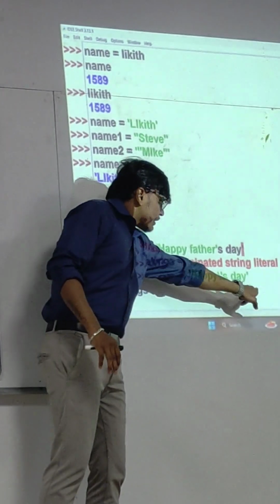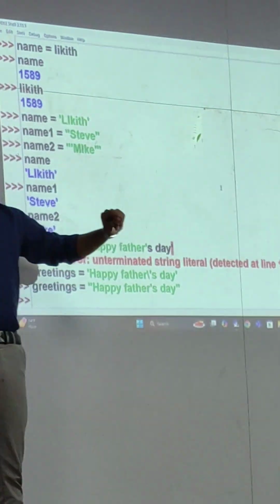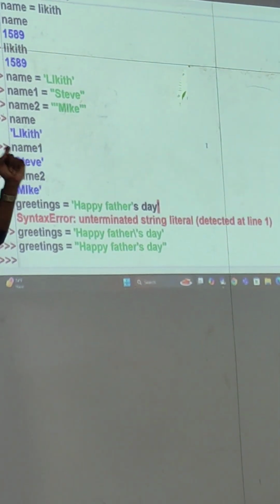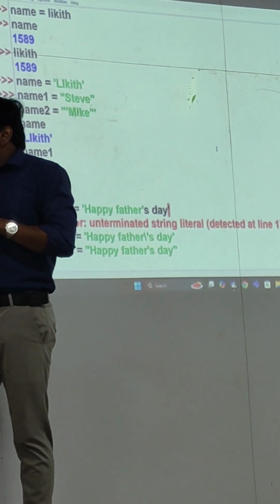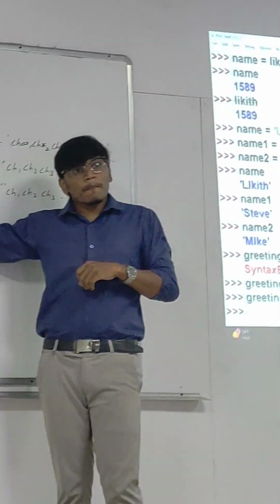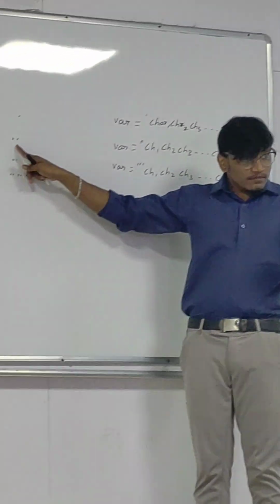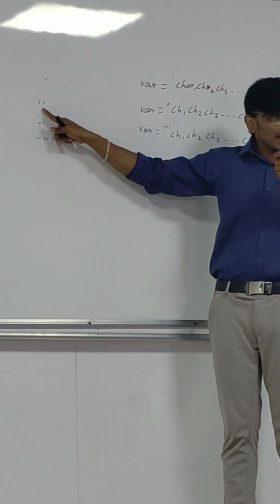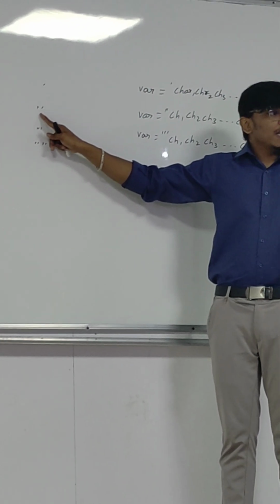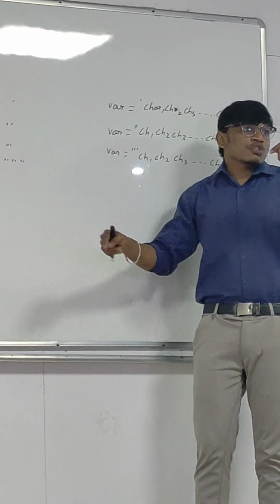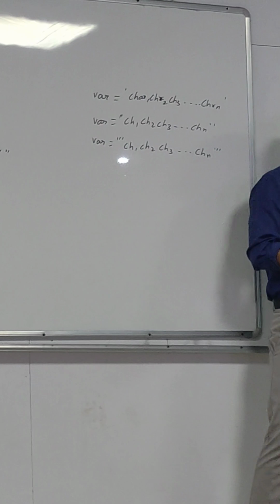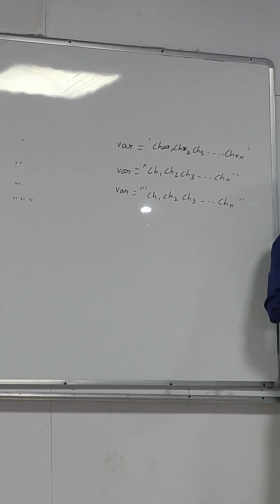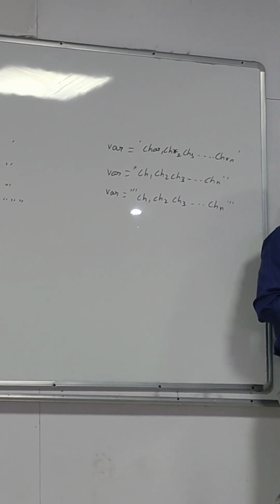It keeps storing all the characters until it finds the double quotes. Are you understanding this? When do we use double quotes to enclose the string? Whenever the string contains a single quote in it, then we use double quotes to enclose the string. Do you understand this one? Is there any questions here?